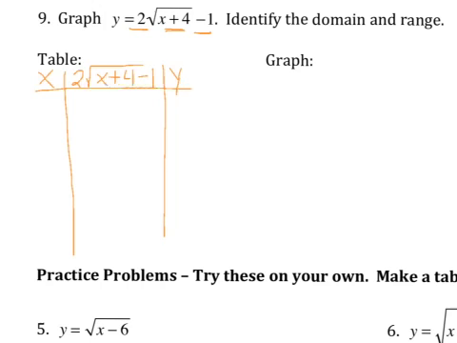So, since we have the plus 4 inside the square root, we have to think, what x can I plug in that will make the square root go to 0? So the first x that I'm going to plug in is a negative 4.